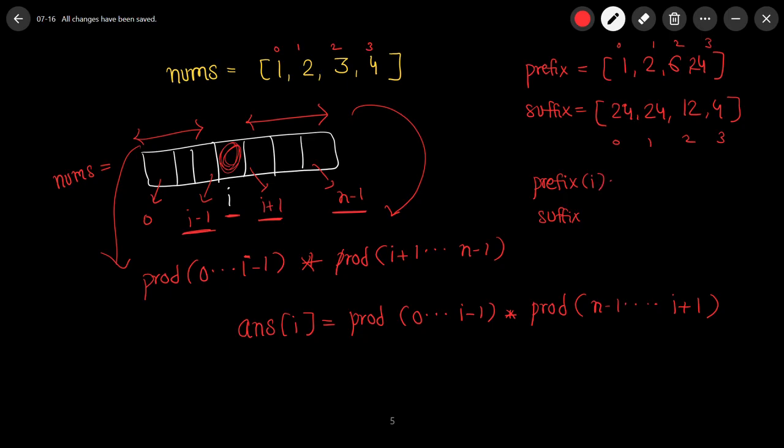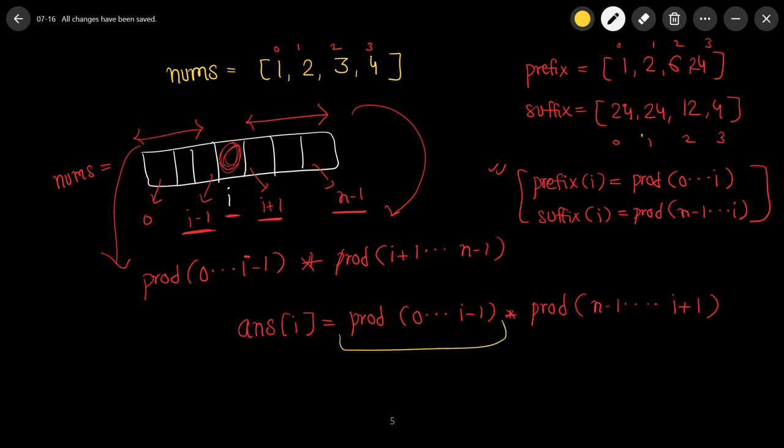So prefix of I was nothing but product of 0 till I, right? And suffix of I was product of n minus 1 to I. So if we compare these carefully, this is product of 0 to I minus 1. So 0 to I minus 1 means this falls in the category of prefix because it starts with 0.